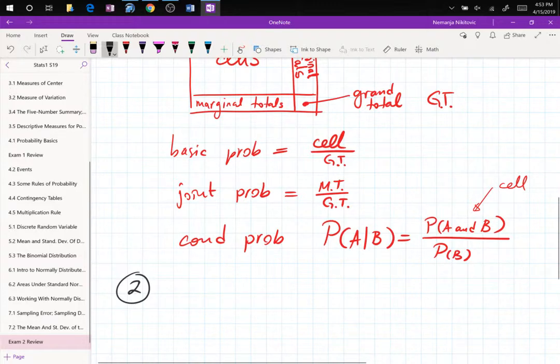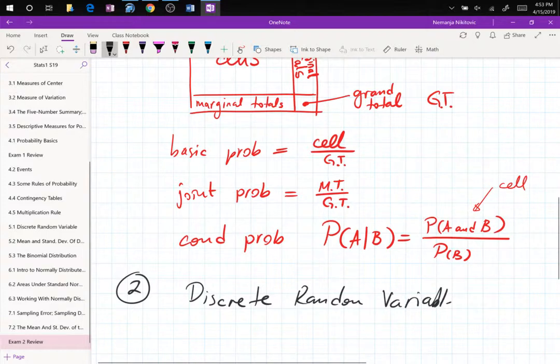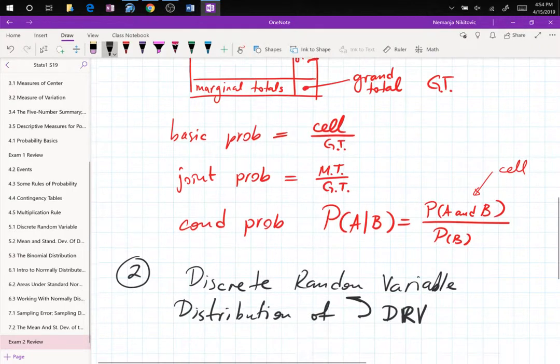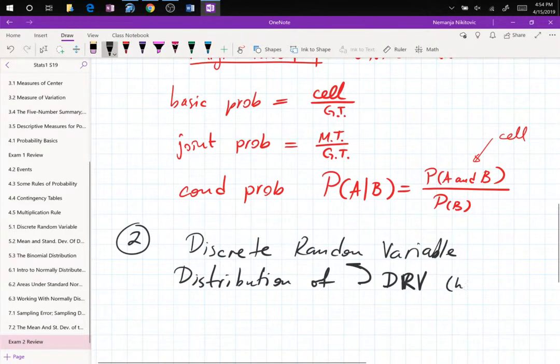So now we're talking about discrete random variables, then the distribution of a discrete random variable, which was the histogram, if you remember at all.